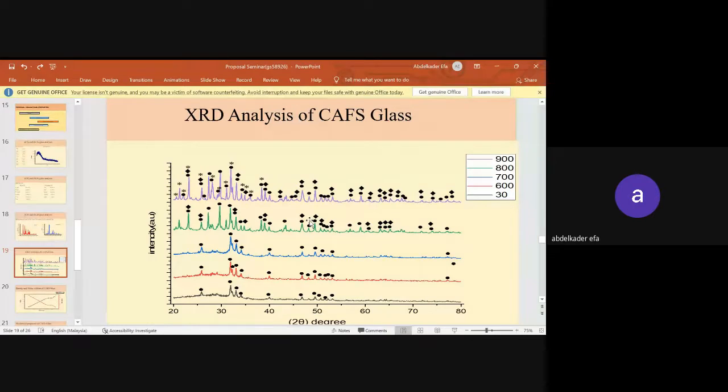As the sintering temperature rises to 700 degrees Celsius, the peak of fluoroapatite phase becomes the major phase in the glass composition. However, the fluoroapatite phase starts to decompose or convert into new phases at 800 and 900, which are mullite and anorthite.